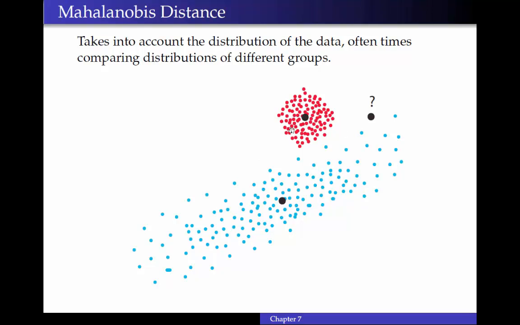Whereas in this red circle, it looks pretty round. Maybe most of the variance is in this direction, but it's pretty equal in every direction. And so that kind of information can help us understand what the data looks like, especially when we're talking about higher dimensions. Okay, enough about that.